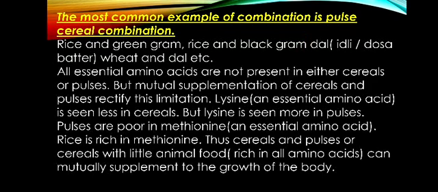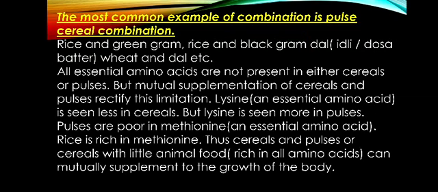We have already studied that the cereals are deficient in certain essential amino acids. Both cereals and pulses are partially complete proteins and they are lacking in some of the essential amino acids. For example, cereals are deficient in lysine, whereas lysine is more in pulses, and vice versa.